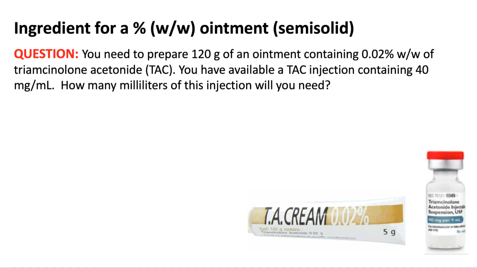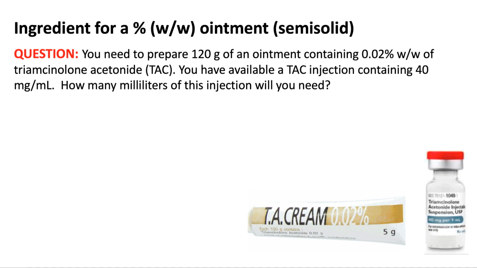So the question reads, you need to prepare 120 grams of an ointment containing 0.02% weight per weight of triamcinolone acetonide. And that's usually abbreviated as TAC, T-A-C. You have available a triamcinolone or TAC injection that contains 40 milligrams per mil. How many milliliters of this injection will you need to compound the ointment?